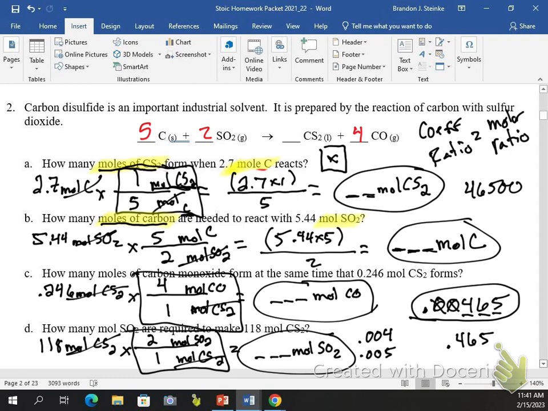So I could end not in moles, but in grams or in volume or particle amount, right? Because then I could go from this mole count into something else. And that's what we're about to do. So it's not hard, it's just something I have to bring your attention to because what I'm about to show you is going to be the biggest mistake that most of you make while learning and practicing this stoichiometry.